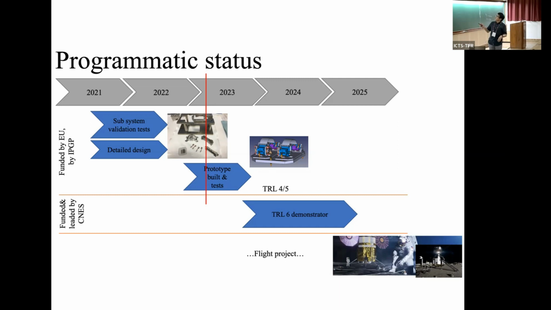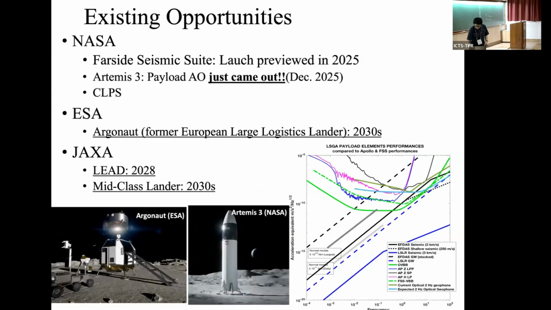But if we can propose something, or deliver after 25, 7, 8, we would like to have this new generation seismometer, which is optical. So this is our strategy. Here I put the figure of Altimus, but for Altimus, maybe we can go to optical seismometer.